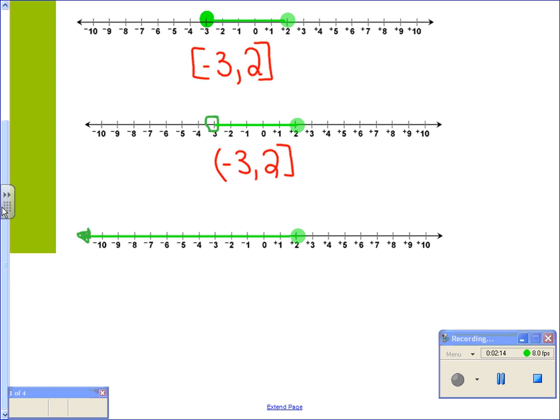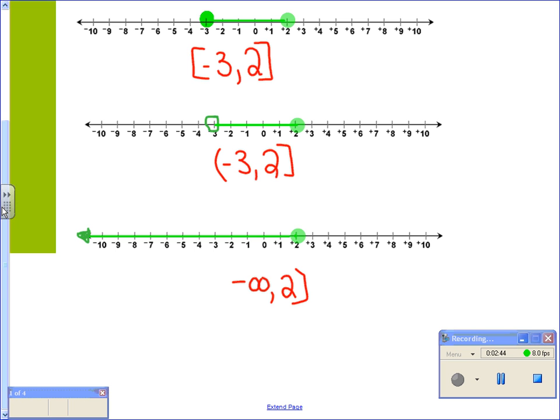Looking at this bottom one, let's start with our right endpoint. What would it be? 2 and a bracket. Y'all see that? What is our number over here? Negative infinity? Is negative infinity an actual number?